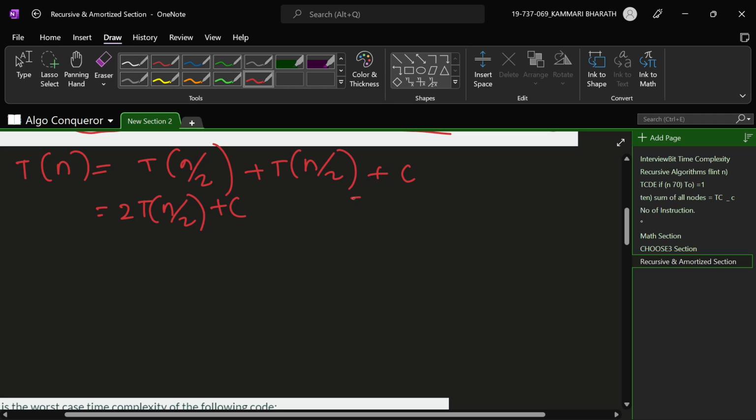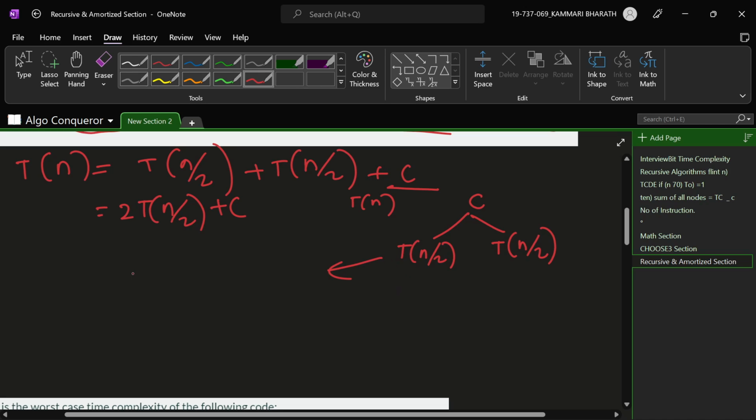Initially, the root will be T of n. Then how are you going to split it? You write the non-recursive part as the root and the recursive part into its children, T of n by 2 and T of n by 2. And we follow the same procedure for these children also.